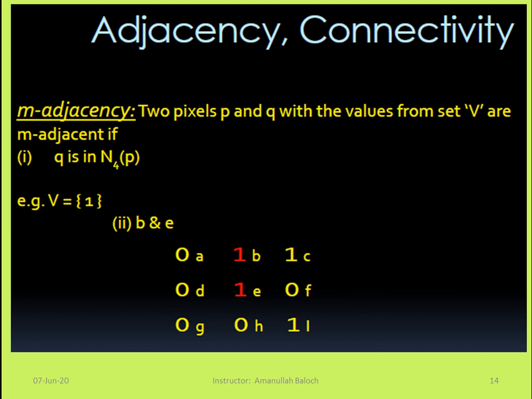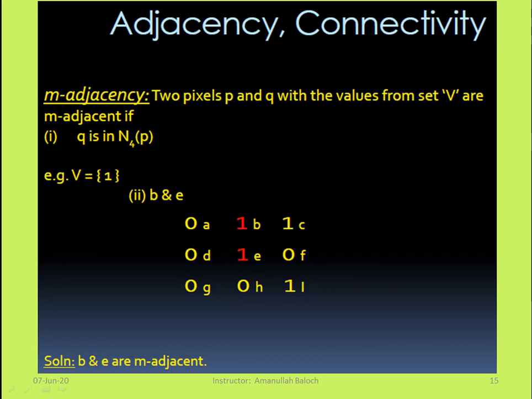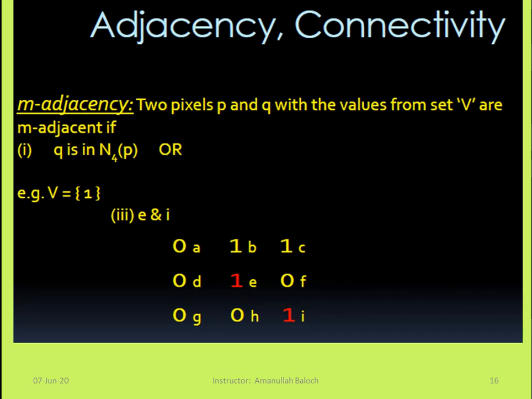Look at the solution. B and E are M adjacent because these two pixels are satisfying the first condition of M adjacency. Here I think these are the diagonal neighbors. Two pixels P and Q with the values from set B are M adjacent if Q is N4 of P. First condition we have to see.